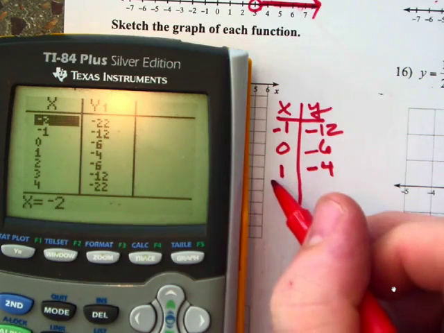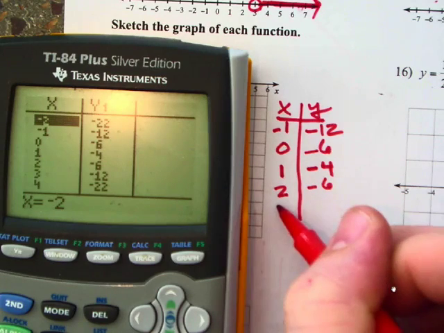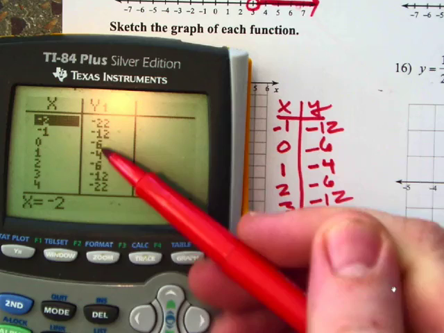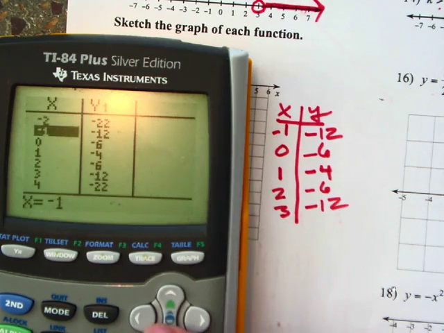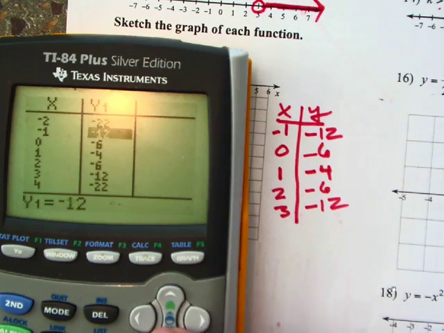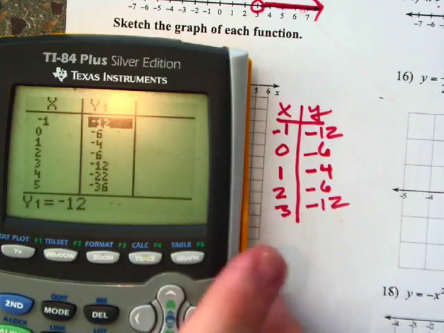And when x is 2, y is negative 6. And when x is 3, y is negative 12. So all I did was just copy these down. So negative 1, 0, 1, 2, 3, until I got to the negative 12 again. I can't go below negative 12, so those last two don't really need to be there. And that's where I got those numbers.